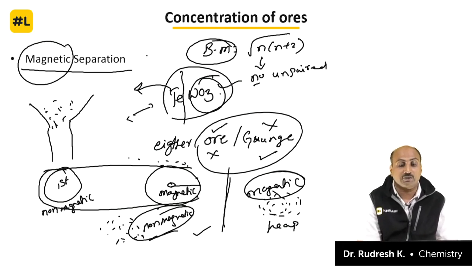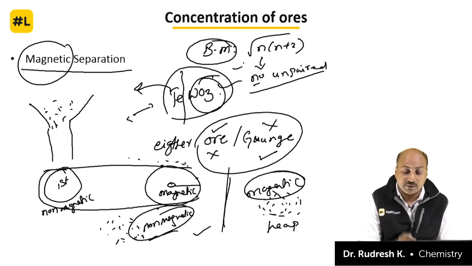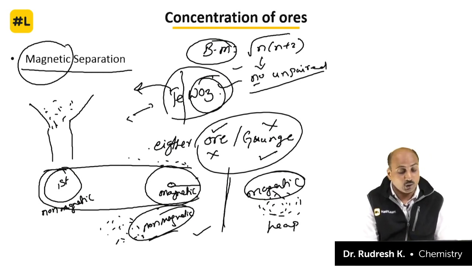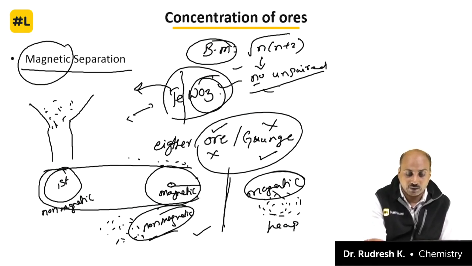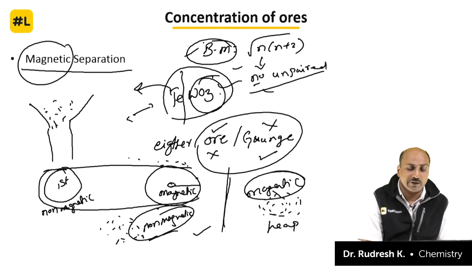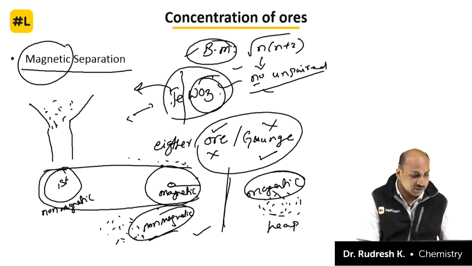So, those elements can also be taken into this, and they will act as magnetic. Not only iron, any element that exhibits unpaired electrons and Bohr magneton can be employed. Make sure that your ore and the gangue differ in their magnetic property, and only then. I think Ganesh is clear. Yes, I hope.